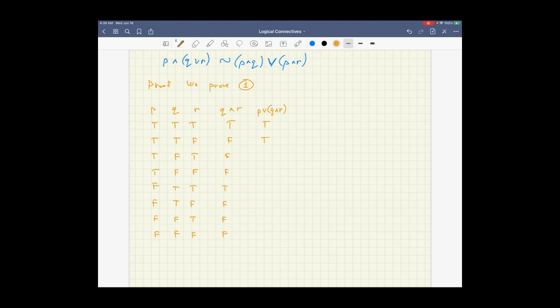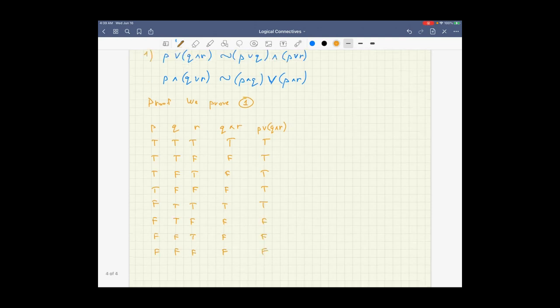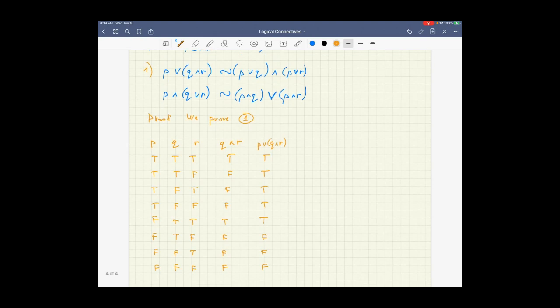So we have T's here and F's here. That is the left-hand side.